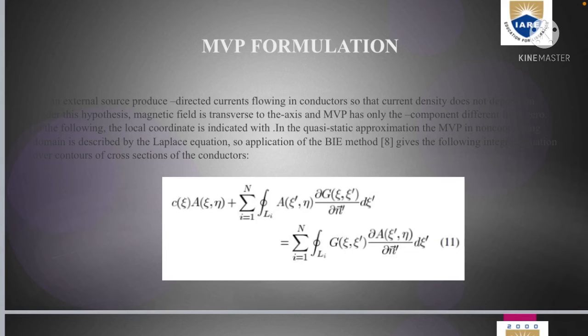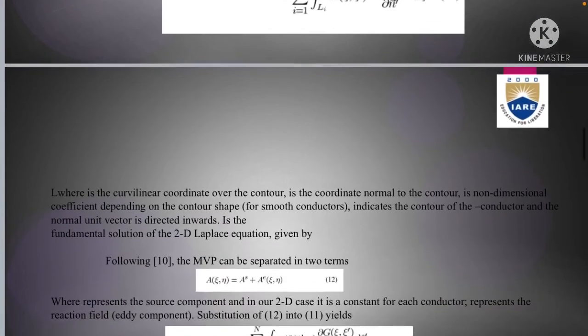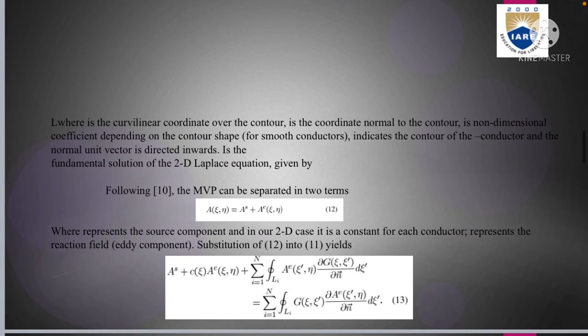So, application of the BIE method gives the following integral equation over the contours of the cross-section of the conductors. Where, in it, the curvilinear coordinate over the contour, the coordinate normal to the contour, and a non-dimensional coefficient depending on the contour shape appear.